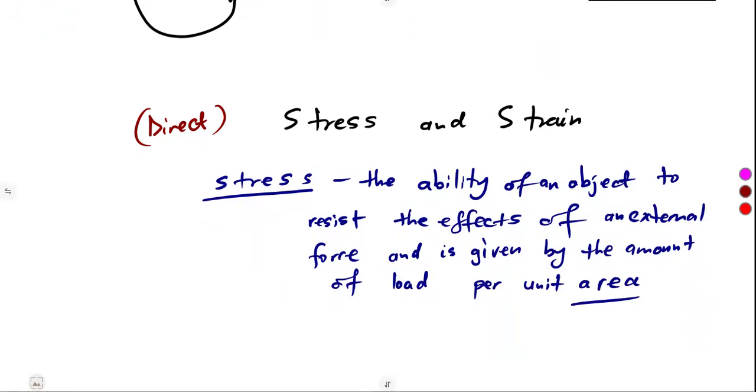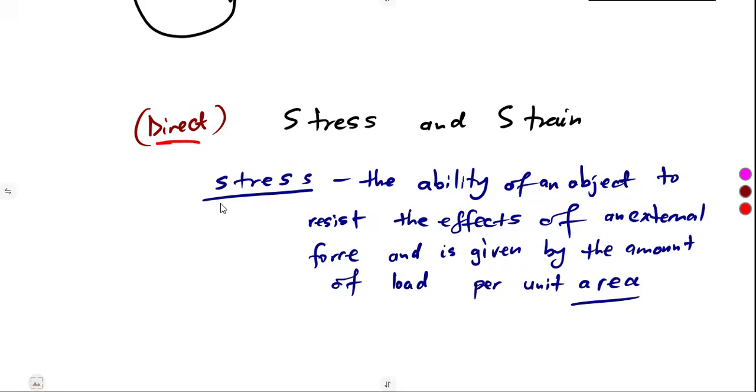So I want us to consider, as part of the class that we are having, which is the direct. So when we are considering now the direct stress, still we have got the same thing. The definition there is still the same.